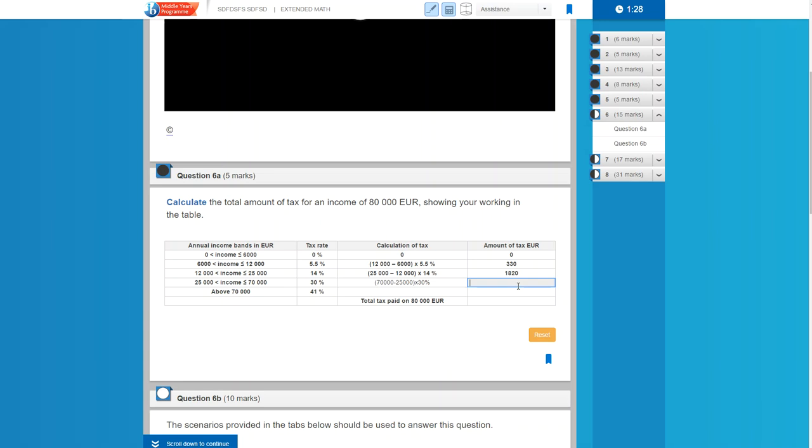And that gives us a value of 13,500. Then above 70,000, it's taxed at 41%. So that's only 10 grand that is being taxed, because it's 80,000, take away 70,000. And that's at 41%.